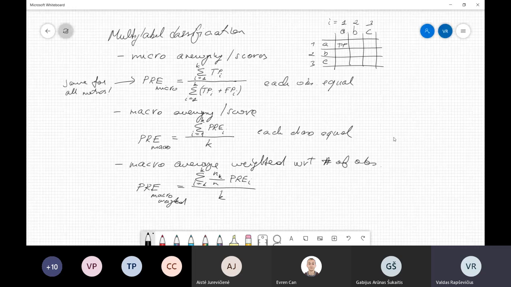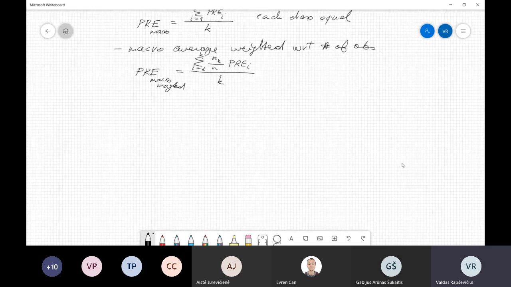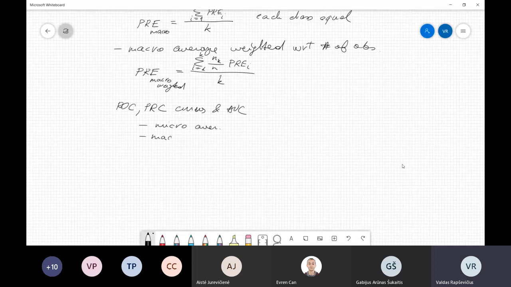So these are strategies that can be taken to calculate the metrics for multi-label classifiers. For the ROC and PRC curves and the areas under the curve, you can use either the micro average or the macro average values.